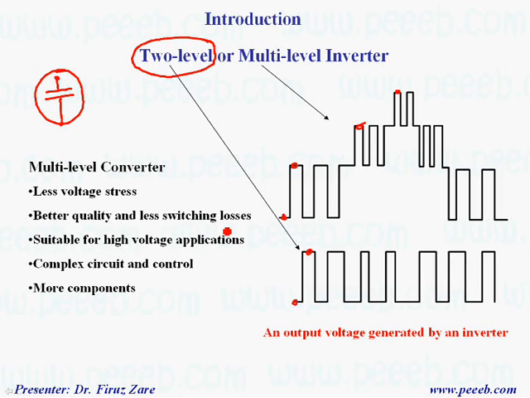Another point is that the multi-level converter is suitable for high voltage applications, but the drawback is that the circuit diagram and the control method are very complex for multi-level converters, especially when the number of levels is increased, and also we need more components.